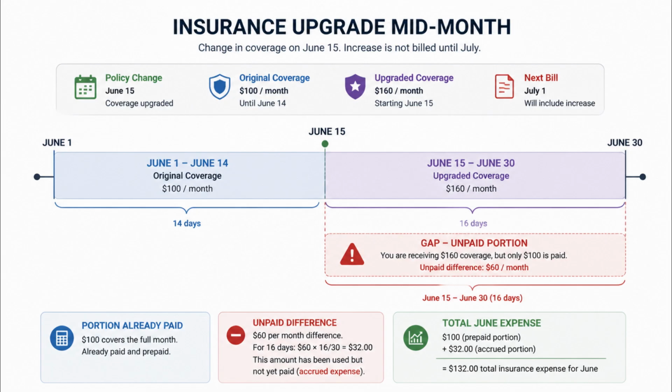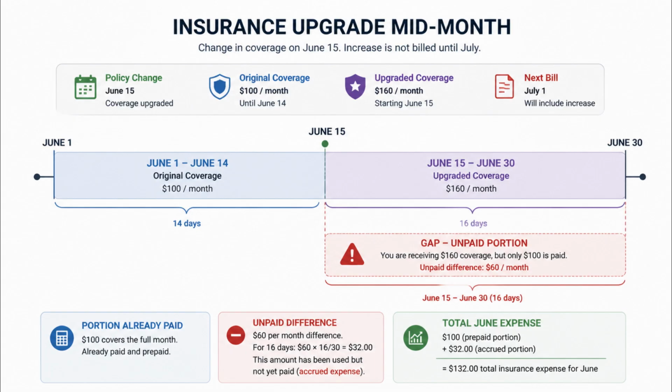Let's suppose you paid $100 on June the 1st for basic insurance. This covers the period from June the 1st to June the 30th. So initially, it's fully prepaid. You debit prepaid insurance as an asset and you credit cash. Now on June the 15th, you upgrade your policy.